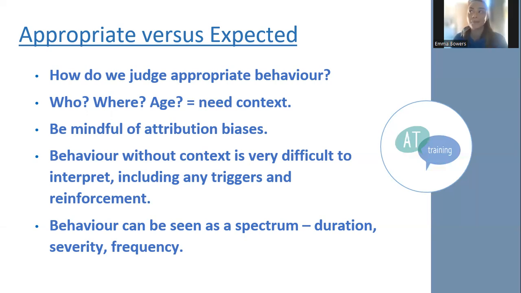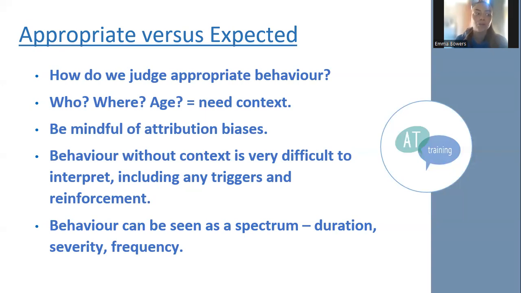If we use the example of teenagers swearing, it's very common. If they are a teenager and they're swearing with their friends, that's possibly a reasonable and expected behaviour. If they were doing so aggressively at their teacher, that would be seen as an aggressive or intimidating behaviour, and it's therefore not appropriate.